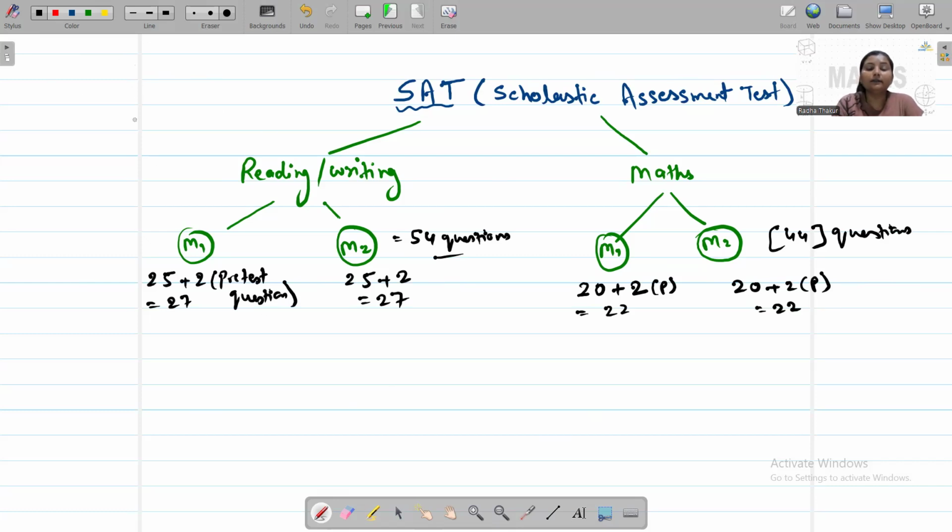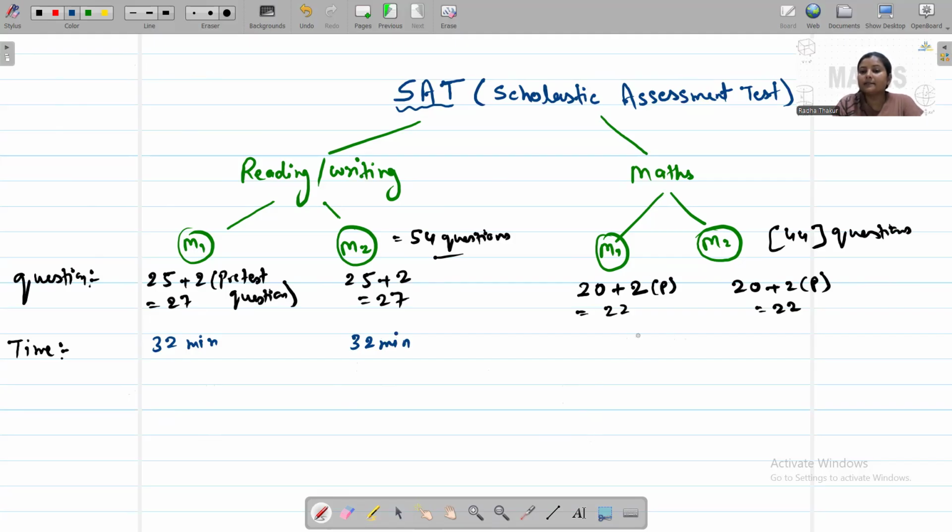Now, let's talk about the timing. For reading and writing, for each module, you will get 32 minutes. 32 minutes for module 1, 32 minutes for module 2.